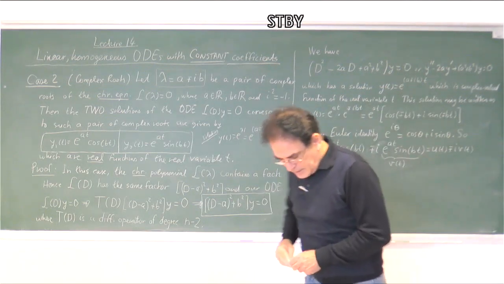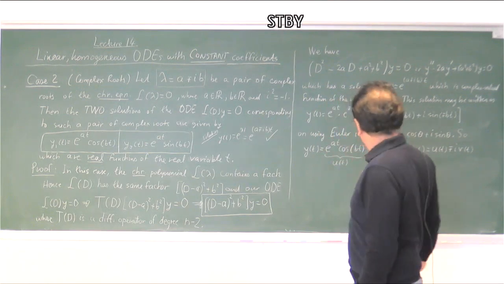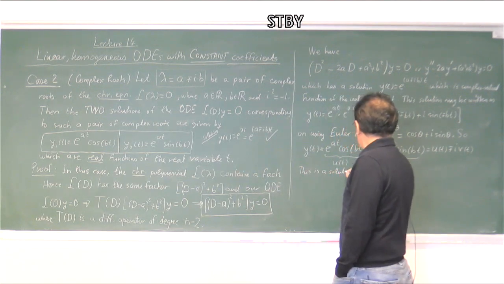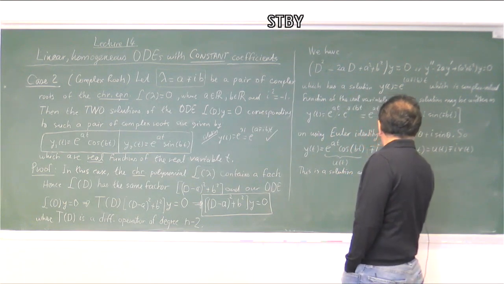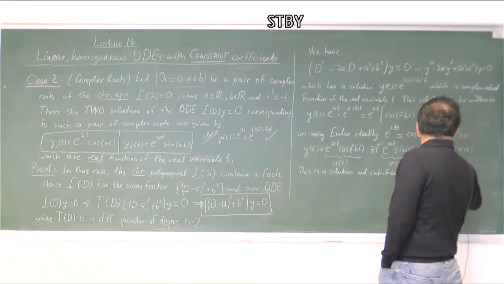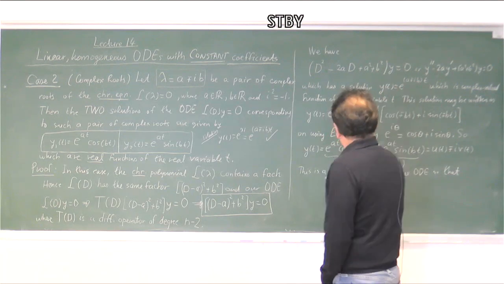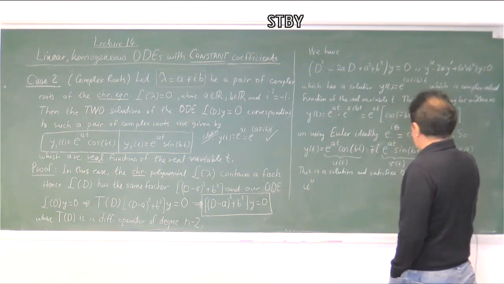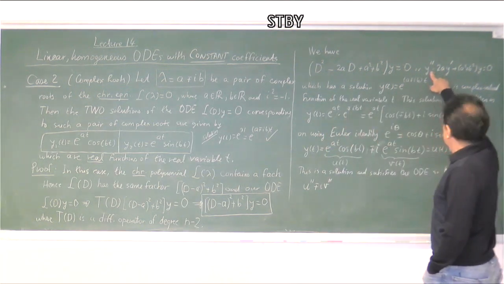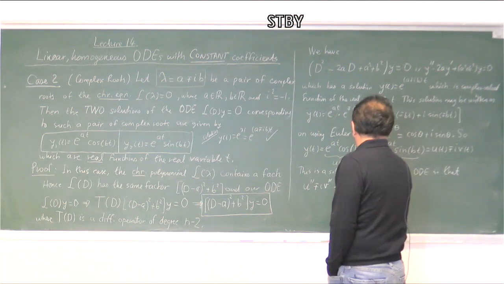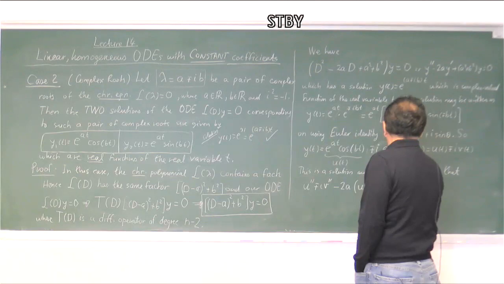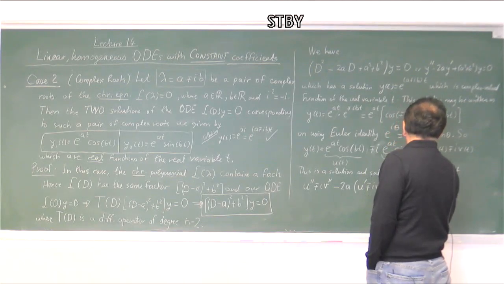And please be careful. If this is a solution, it satisfies the ODE, so that, look, taking the derivatives: u double prime plus or minus i v double prime, the second derivative of that, plus or minus 2a y prime, so u prime plus or minus i v prime, plus (a squared plus b squared) y.